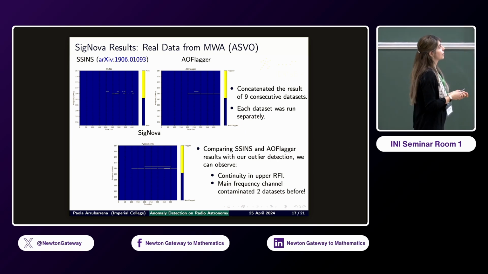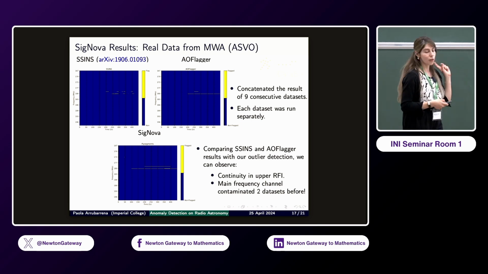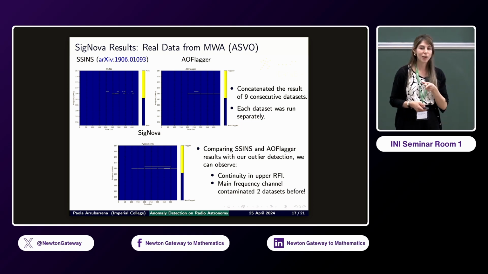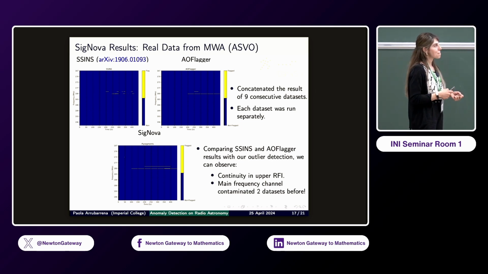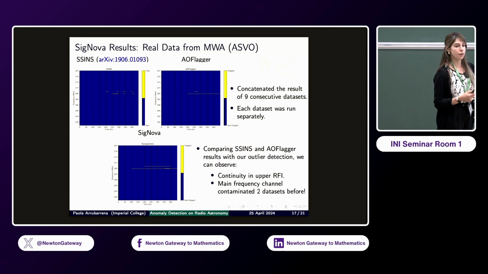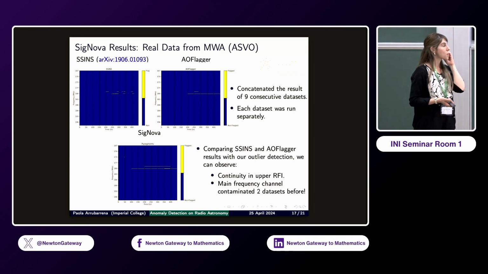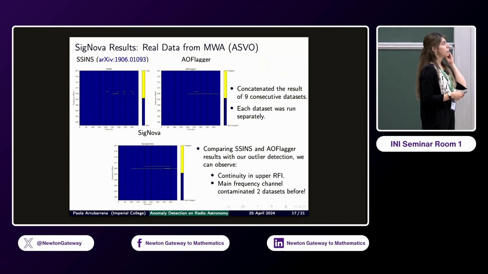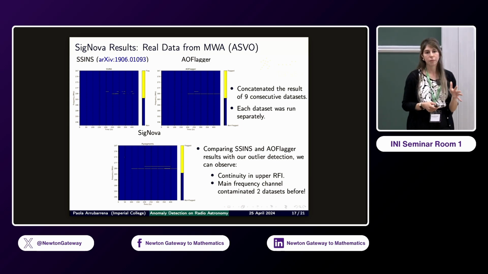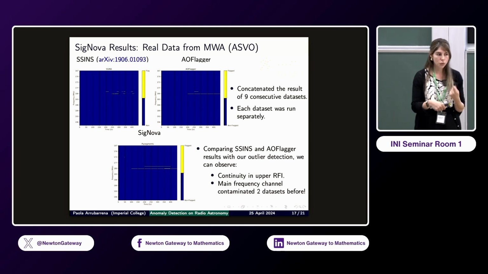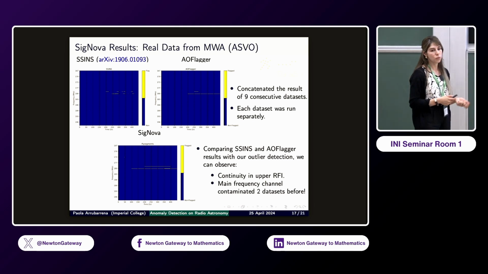And the other thing, I'm not sure if you can see, but we see RFI in these 2 data sets where the other frameworks cannot see it. And it's exactly in one of the contaminated frequency channels, which tells me that maybe the RFI was already there and it was too faint for them to detect. But these 2 data sets with RFI correspond to about 5 minutes of observations. So if you want to do online analysis, this will matter, of course.